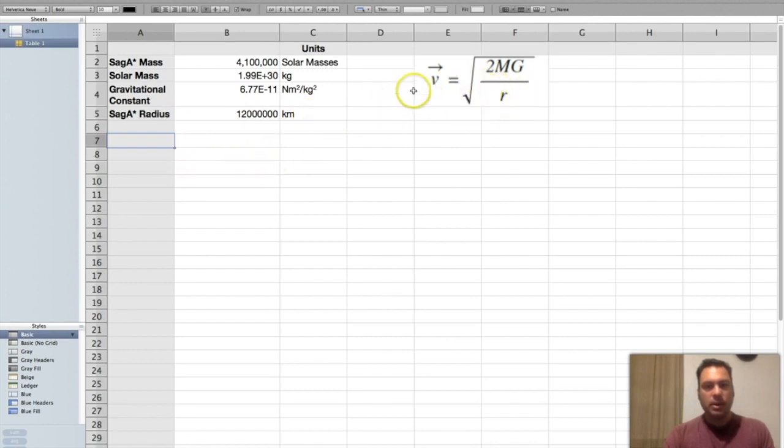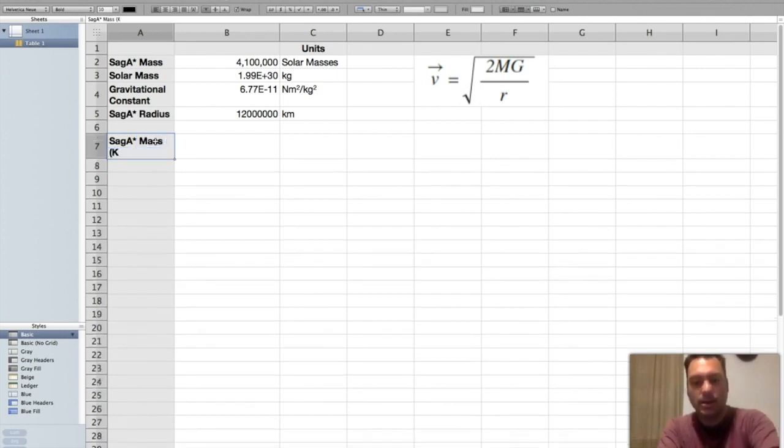So let's just start on it. First off, let's figure out what the mass of Sagittarius A is in kilograms. We just do that by multiplying these two numbers here. So let's write that like this: Sag A mass.